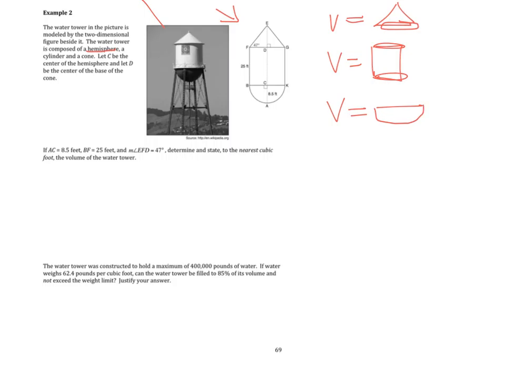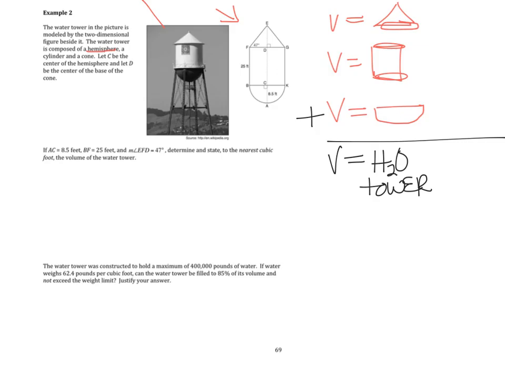Once we do all that, we'll add them all up and get the total volume of the water tower. H2O is the chemical abbreviation for water, and that's going to be the sum of all three of these. So let's just write the formulas.